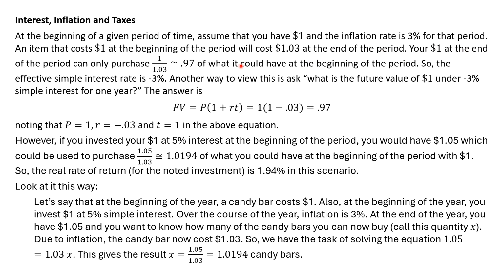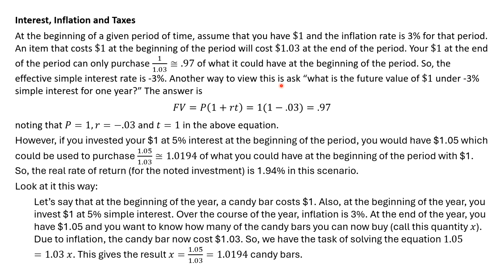Your $1 at the end of the period can only purchase 1 divided by 1.03, or 0.97, in other words 97 cents of what it could have at the beginning of the period. So the effective simple interest rate is minus 3%. In other words, 0.97 minus 1 gives you the number here.